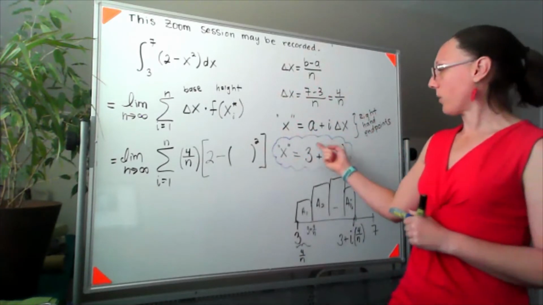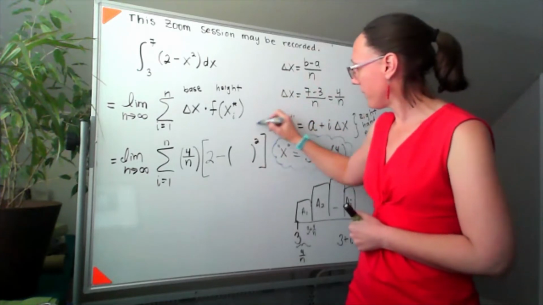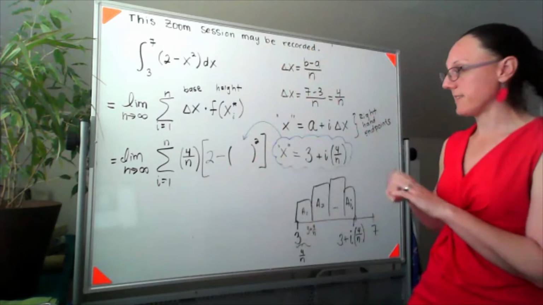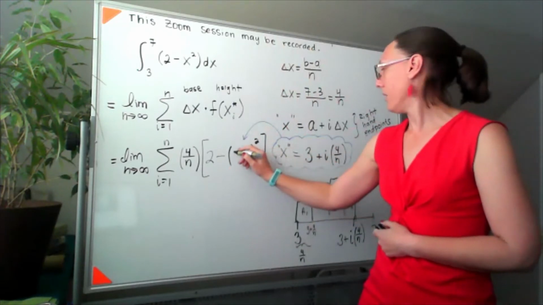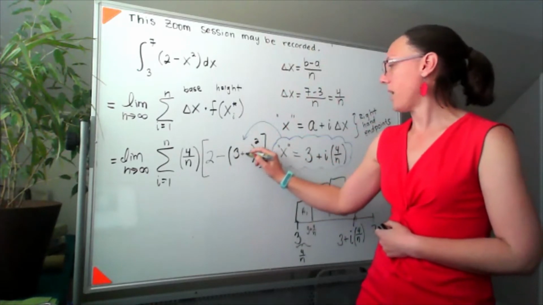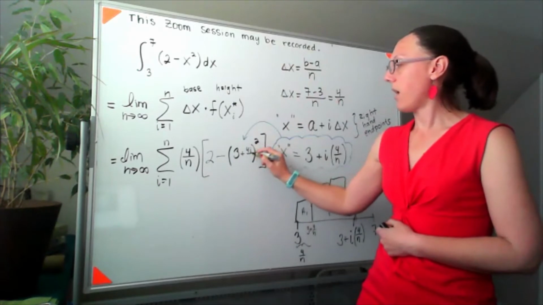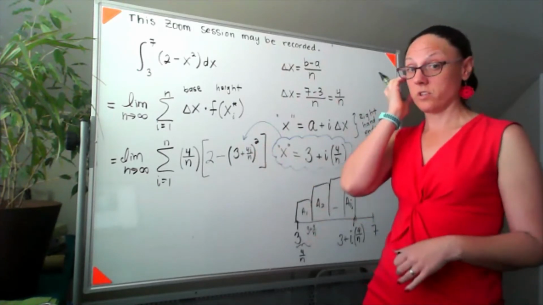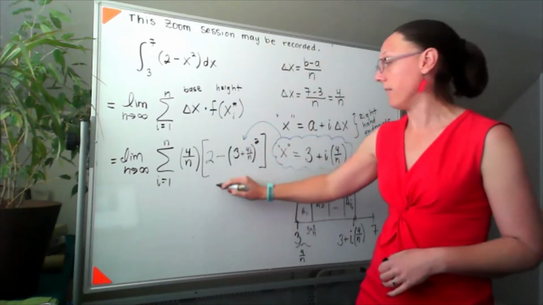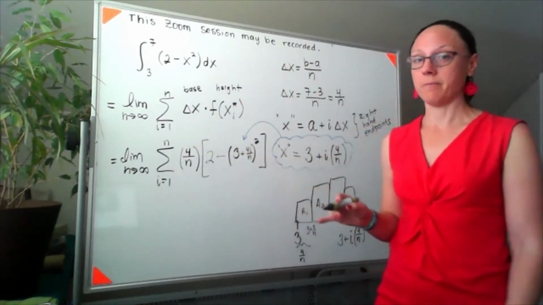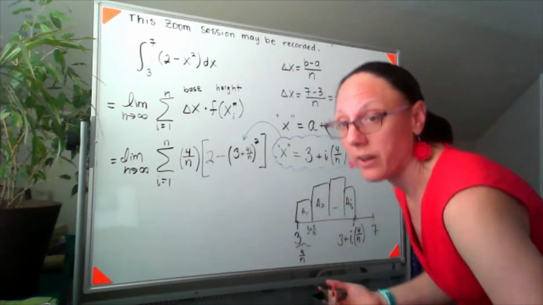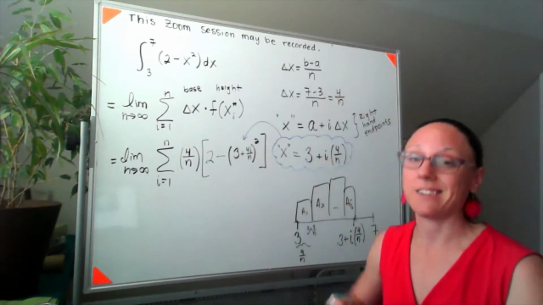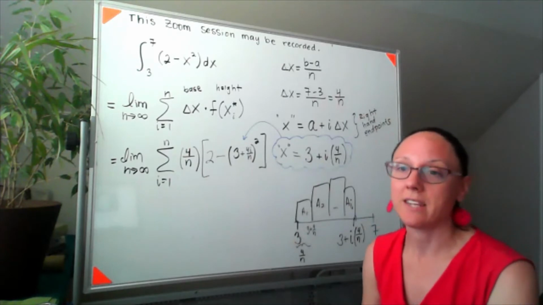So the x that we're popping in will make this look like 3 plus 4i over n. And if what we were asked to do was to write the Riemann sum, we're done. That's what it is. Now we can do some algebra to keep going, but that's the Riemann sum, so if that's what we're asked, I would quit.